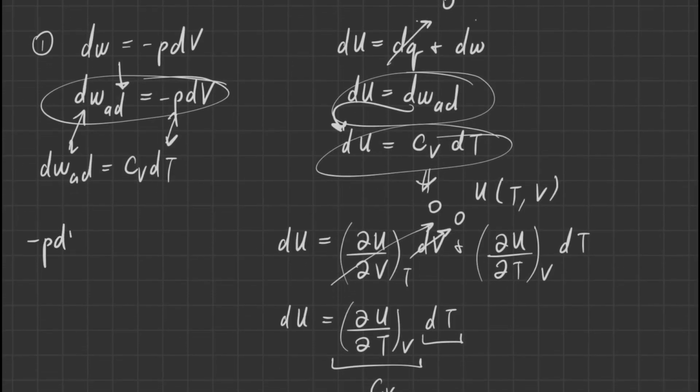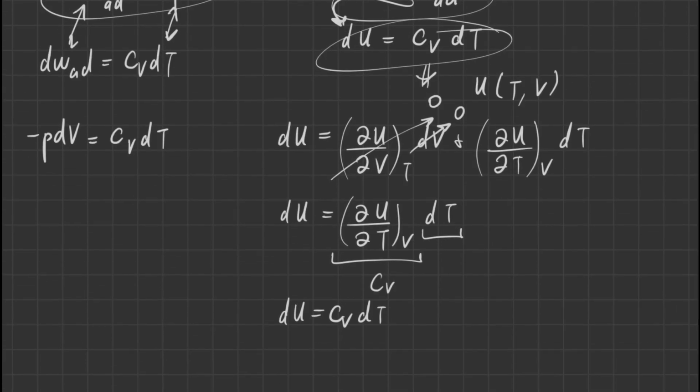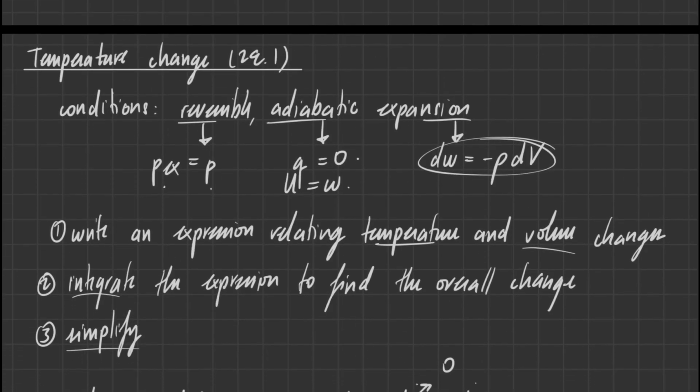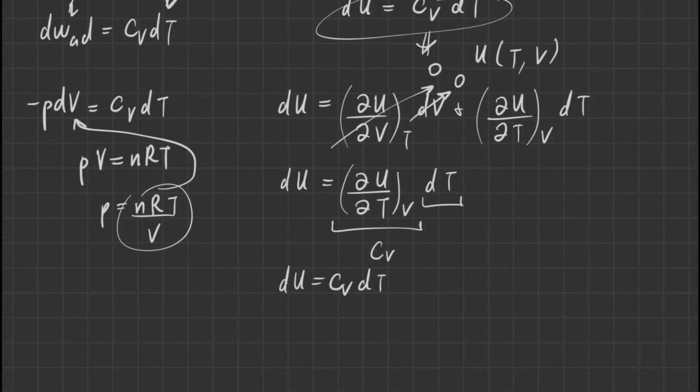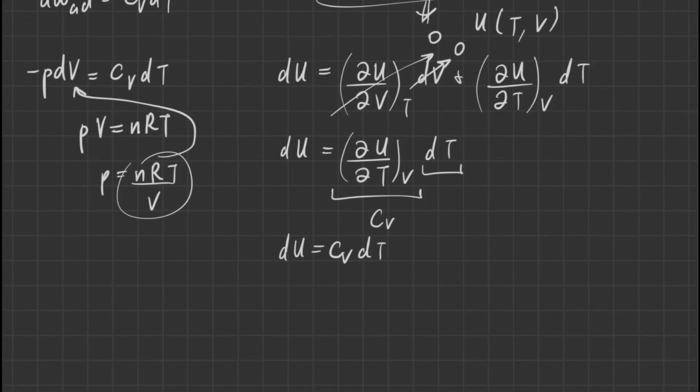So negative p dV is equal to CV dT. Because we also know that this is a perfect gas, we can substitute the expression PV equals nRT, where P is equal to nRT over V, into our equation. So negative nRT over V dV is equal to CV dT.